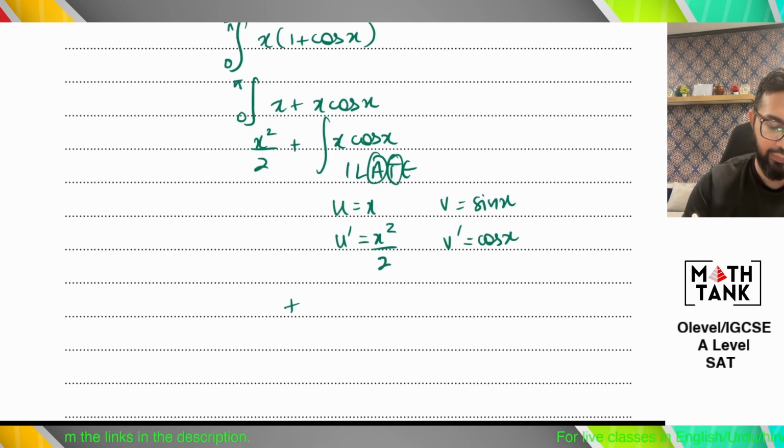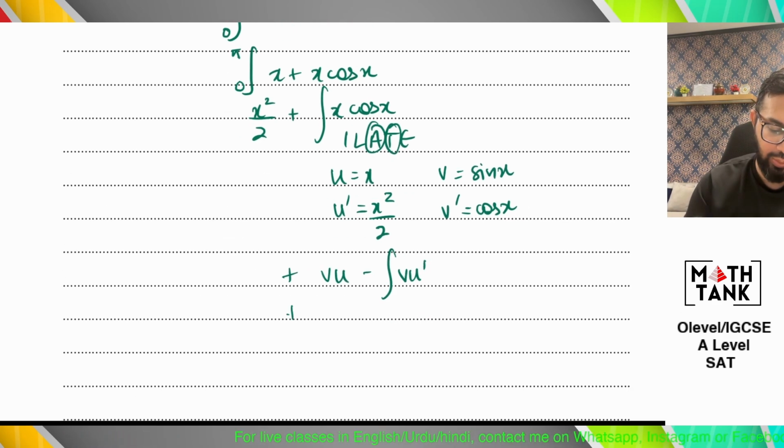Then I have VU minus VU dash. VU is x squared, x sine x, minus u dash is 1. U dash is 1, my bad.